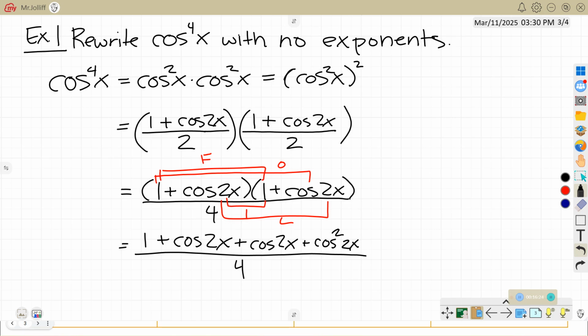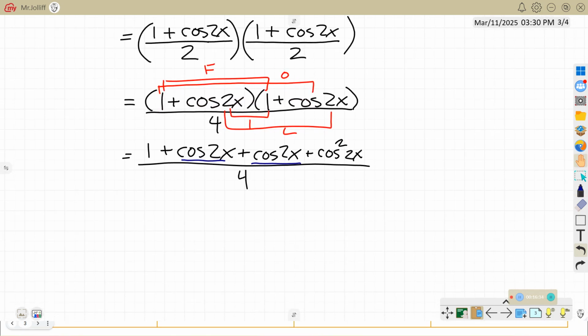I see 2 like terms that we can add together. I see a like term here and a like term here. So we're going to take that thing with 4 terms and reduce it down to 3. And I'm going to do 2 things at once. I'm going to group the like terms. Those 2 middle terms are going to come together.